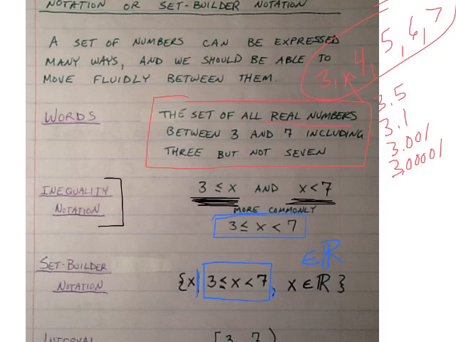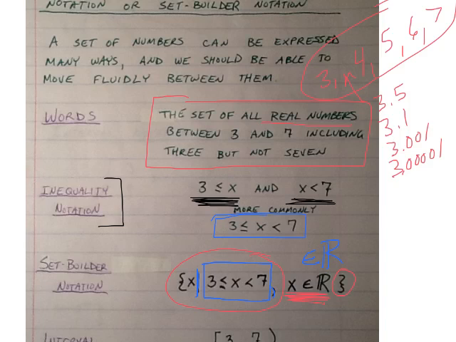That's a lot. The most important part is this, though: for it to technically be set builder notation, we need that. And we close the set with not parentheses, but braces.